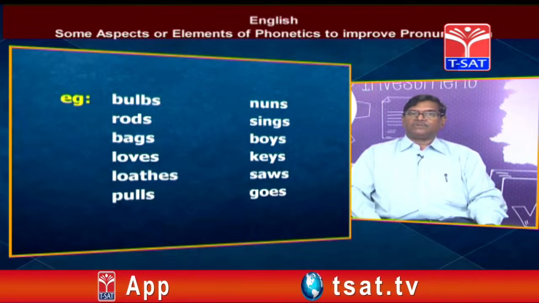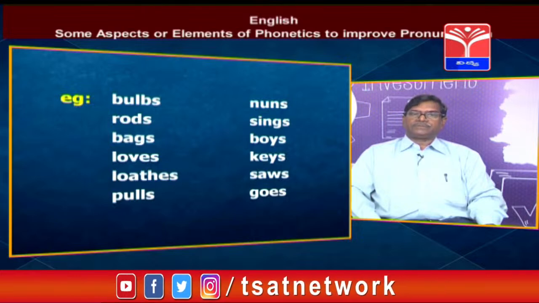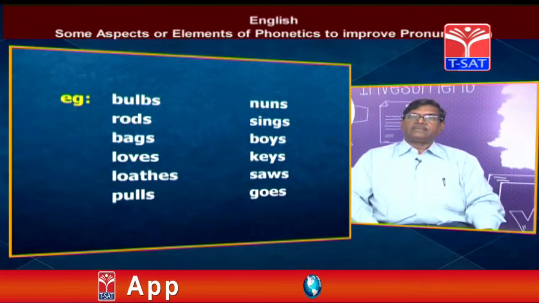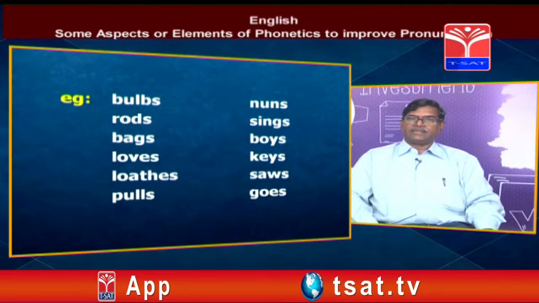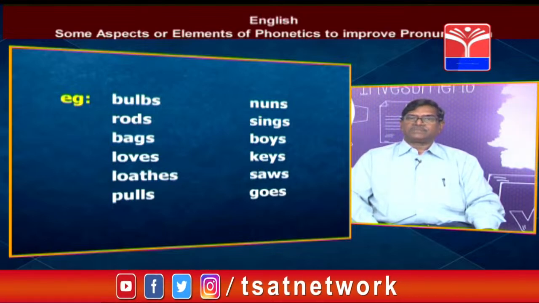It is a voiced sound. Bags, not "bags" with an s. Love, loves. Loath, loathes. Pull, pulls. Nun, nuns. Sing, sings. So, these are all words ending with voiced sounds.